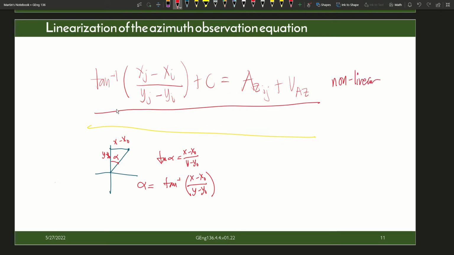So from this equation, we have this function. We can substitute this equation into this function. Okay, so we have this function of x sub I, y sub I, x sub j, and y sub j. So let's draw the figure to make this clear.